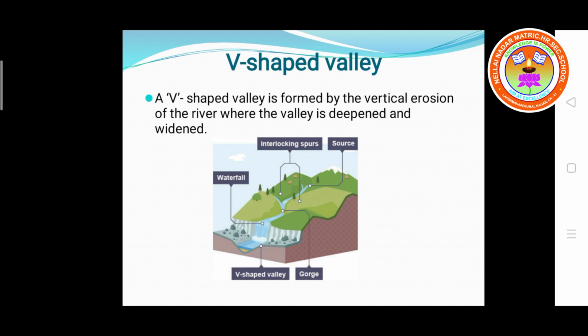The next one, V-shaped valley. A V-shaped valley is formed by the vertical erosion of the river, where the valley is deepened and widened. You can have a look at the picture. With the help of vertical erosion only, this V-shaped valley will be formed.